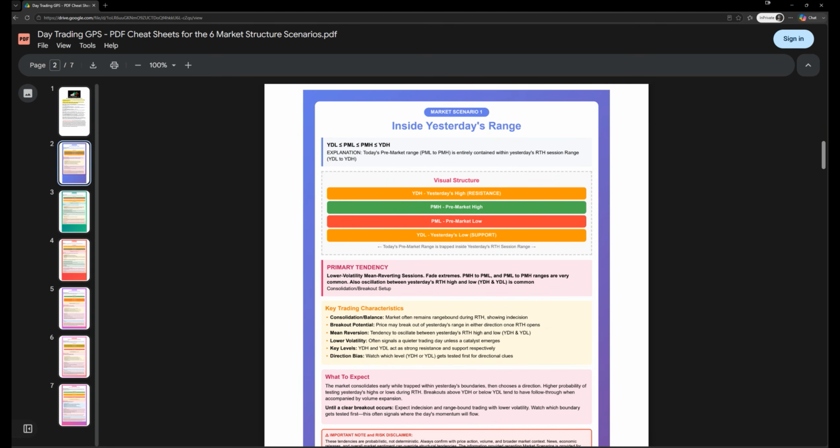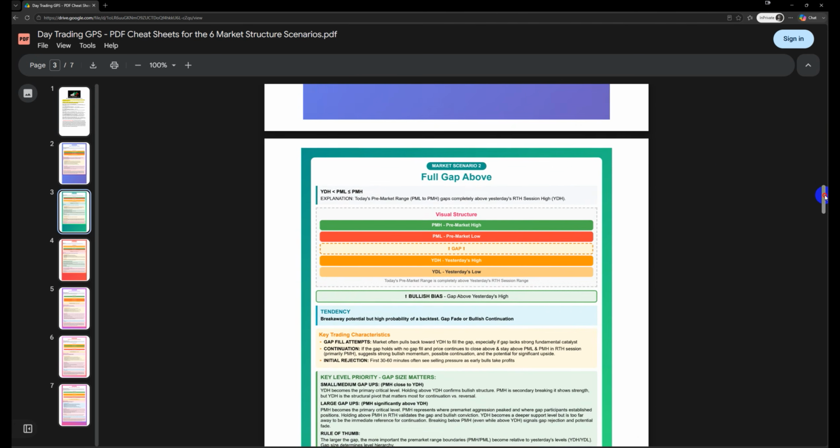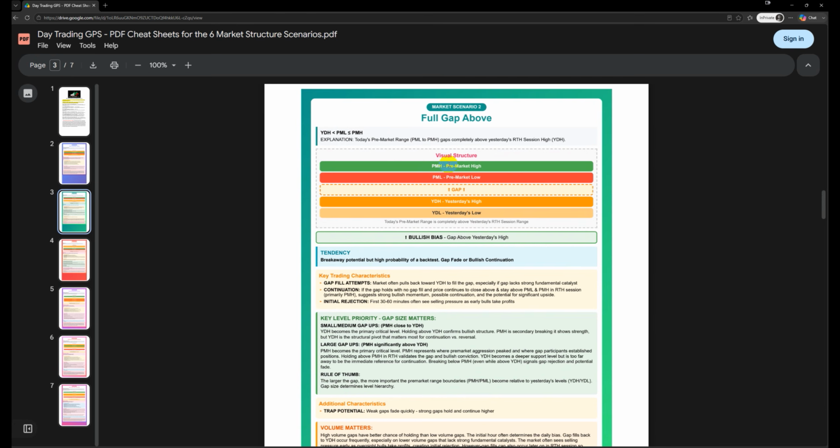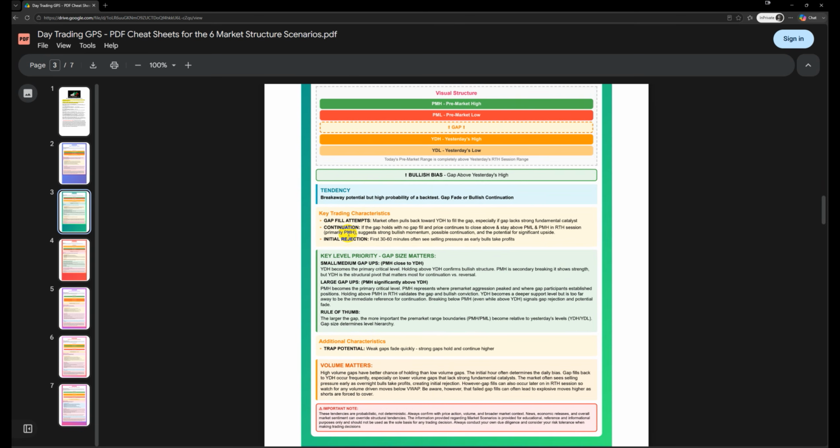There are 6 different market scenarios. Each one has a color-coded outline giving you primary tendencies, key trading characteristics, what to expect, visual structure, and also an explanation. For market structure scenarios such as gap, it also gives you key level priorities depending on the size of the gap, in addition to the other tendencies and key trading characteristics.